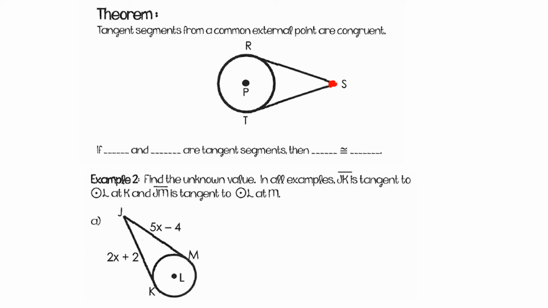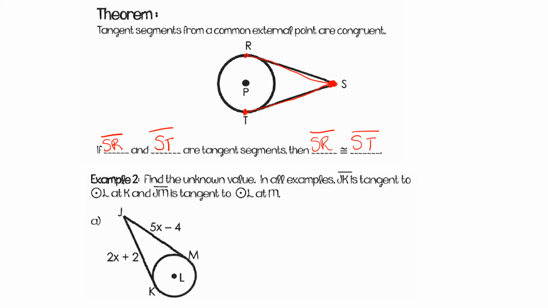So what we're saying is, if the line segment SR, from here to here, and the line segment ST, because those are my two tangent lines, right? So if SR and ST are tangent segments to circle P, then we're saying SR is congruent to ST. So that's going to be a helpful theorem when it comes to solving.